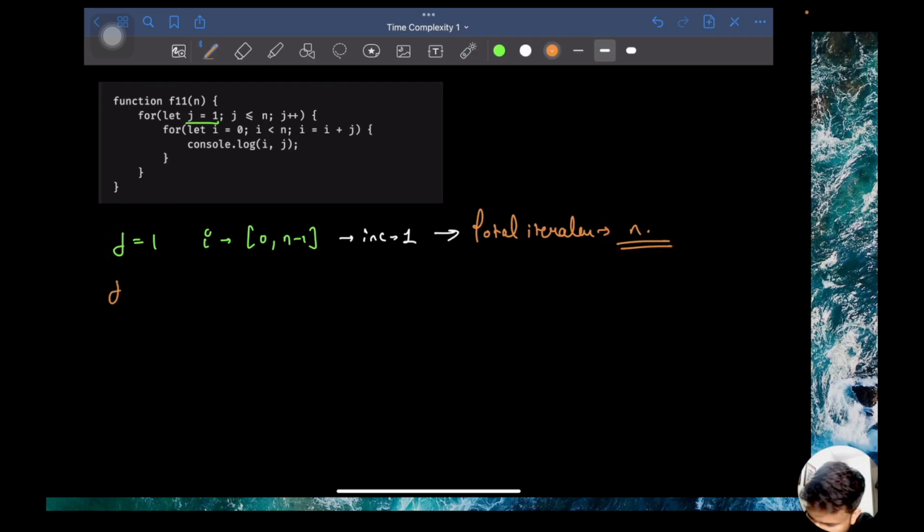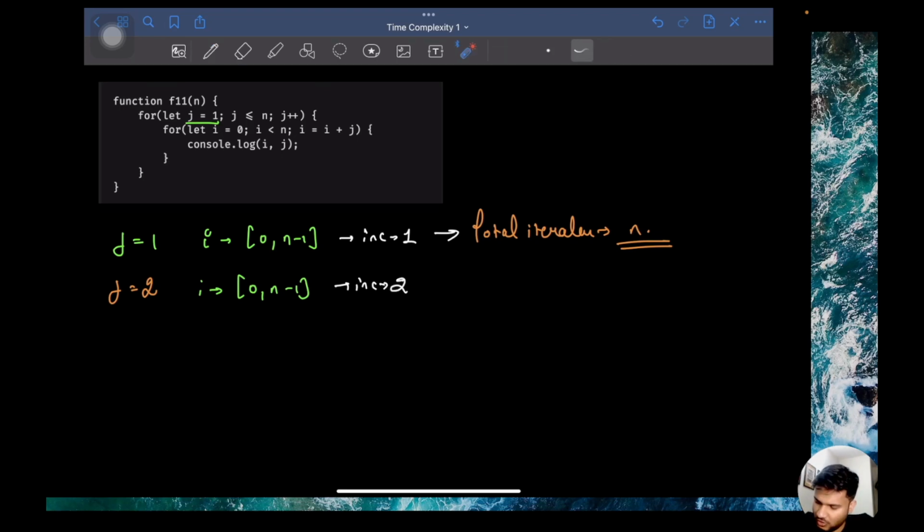Okay. What about j equal to 2? When j becomes 2, i still goes from 0 to n minus 1, that is less than n. But this time it becomes i equals i plus 2. So every time you are going to give an increment of 2.